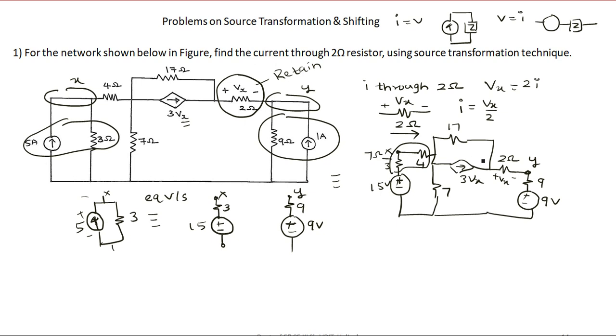And next what we have here are two elements, the current source and this 17 ohm resistor, which are in parallel.